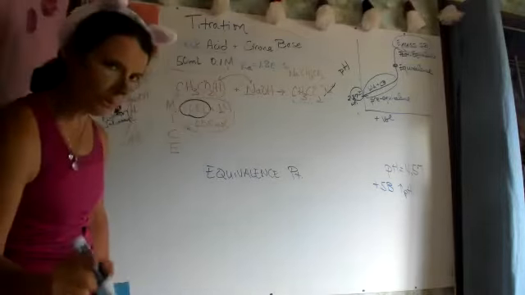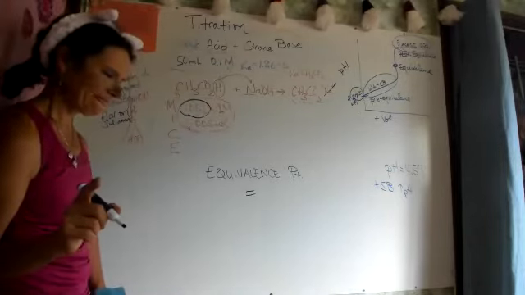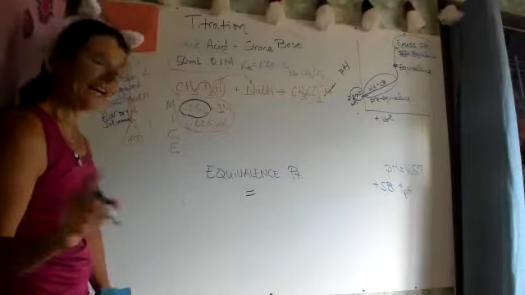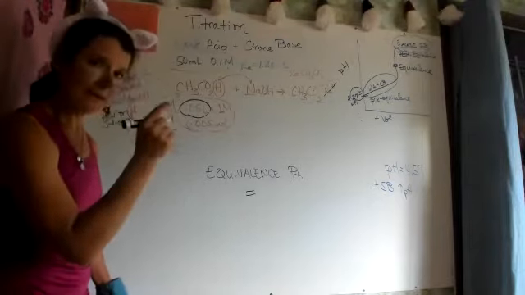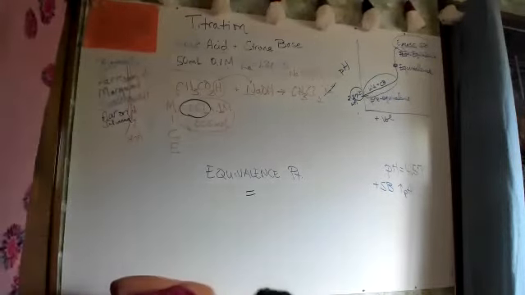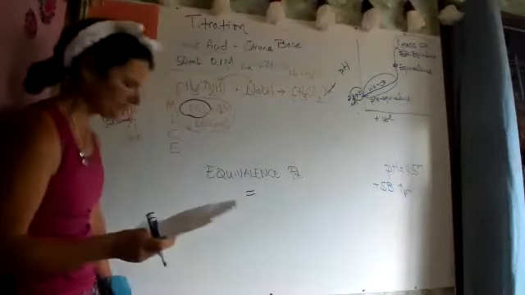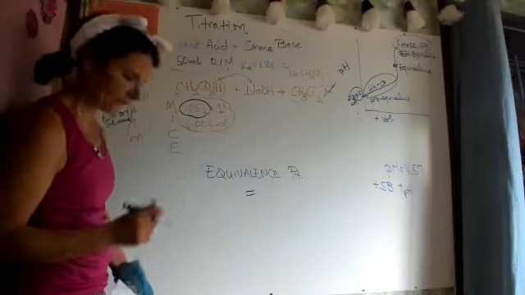The equivalence point means something is equal. Somebody who doesn't have a point yet, if you want to try, what is equal at the equivalence? I've skipped down to number 8 on your sheet. At the equivalence point, what is equal?